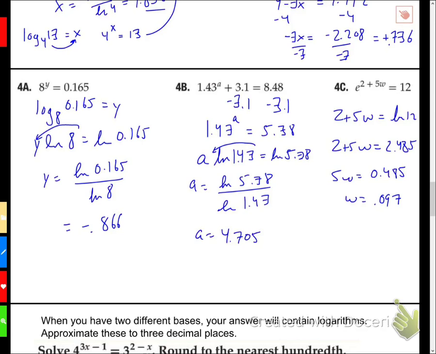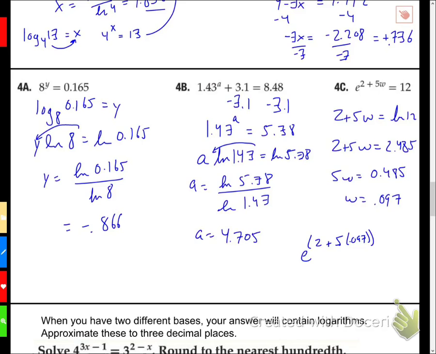All right, just to show you how sensitive these things are to how many decimals you use, let's try doing e to the 2 plus 5 times 0.097.